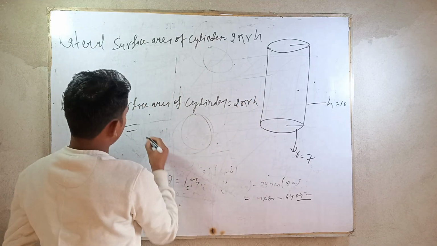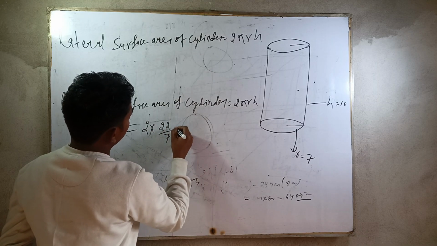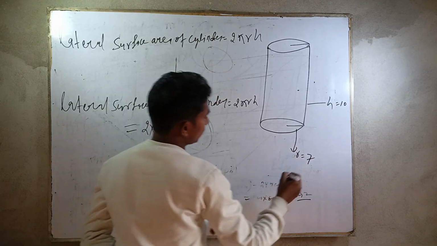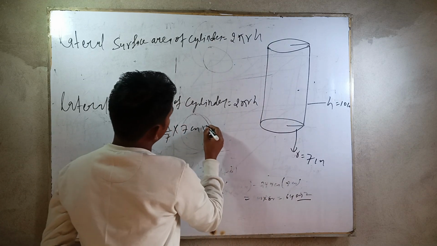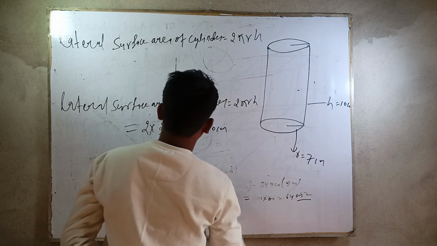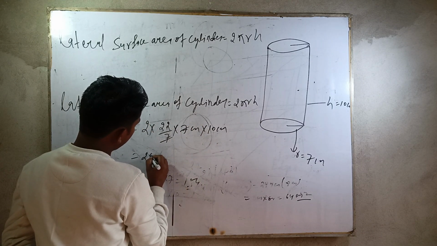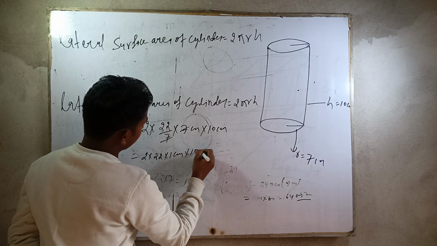If I put the values: 2 cross 22 by 7 cross r is 7 centimeter, and 10 centimeter. So 7 will cancel, giving 22 cross 1 centimeter cross 10 centimeter.